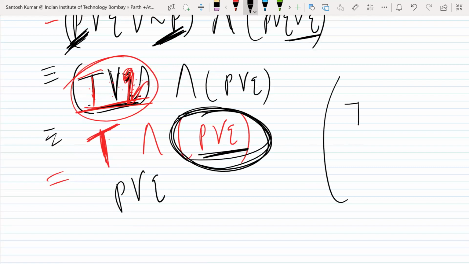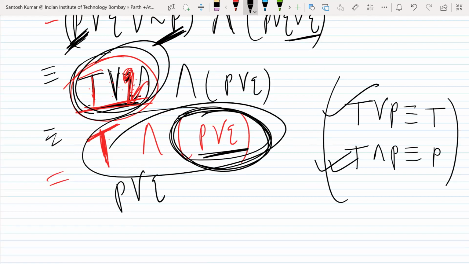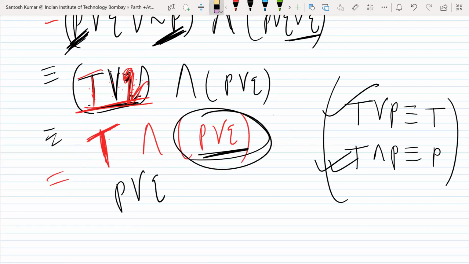So I used two results: true or statement P is equivalent to true, and true and P is P. This is the formula. So here I used the first one, and here I used the second one. Now you ask please again, what do you want me to clear?